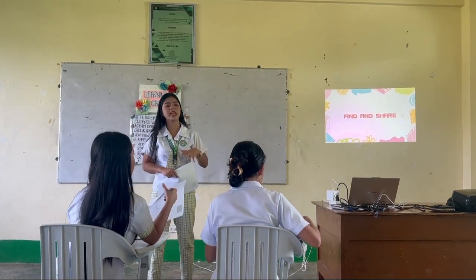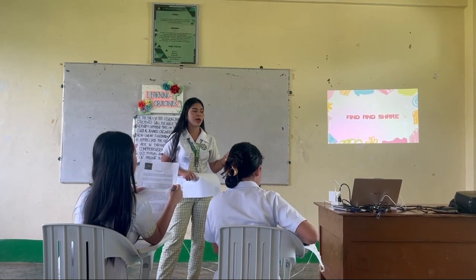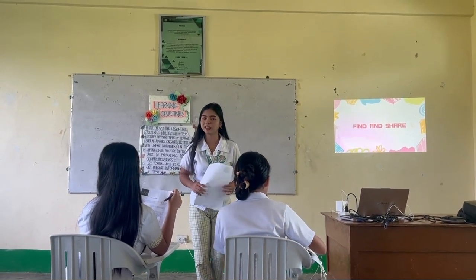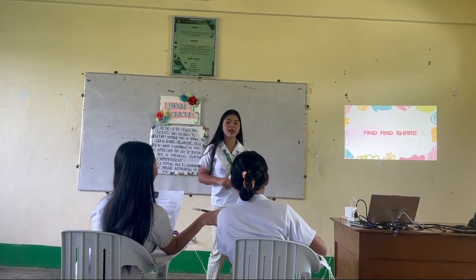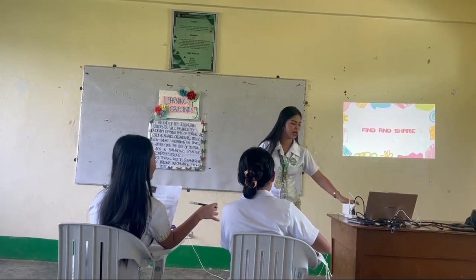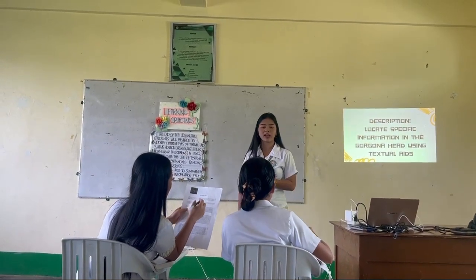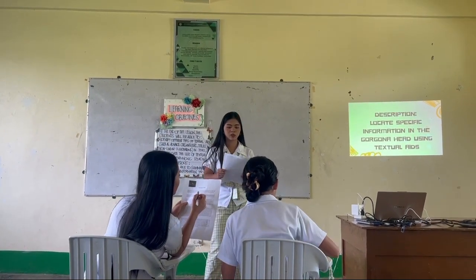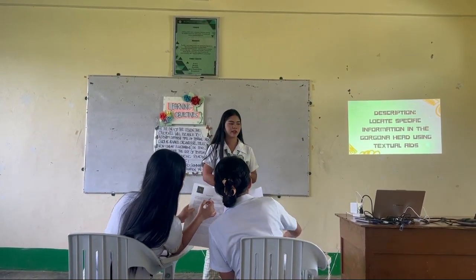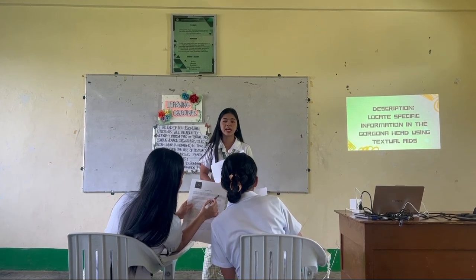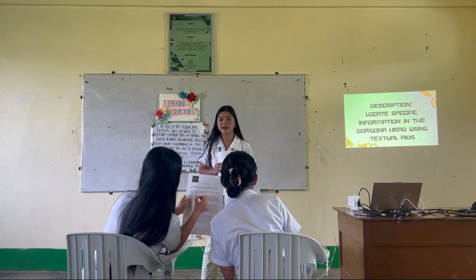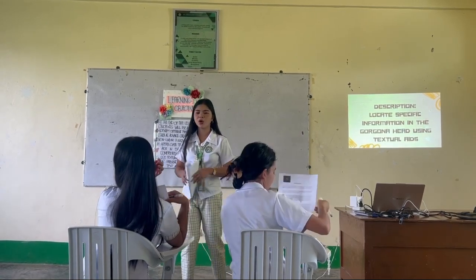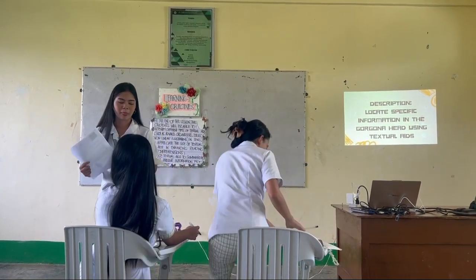Now, since you already read the text that I've given to you, I want you to choose your partner, and share with your partner specific information about the Gorgon's head, using the text that I presented to you. We're done. Okay, that's our activity.